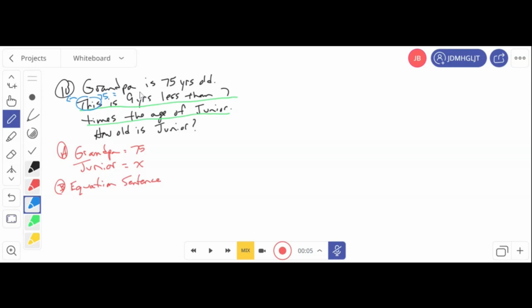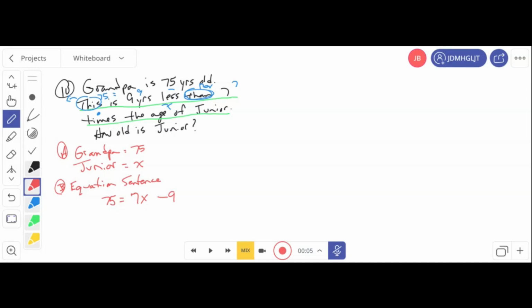Is equals. 9, less means subtraction, than is a reverse word, 7 times the age of Junior, which is what we called X. So our equation is 75 equals, 9 less than means we're taking 9 away from 7 times Junior's age.